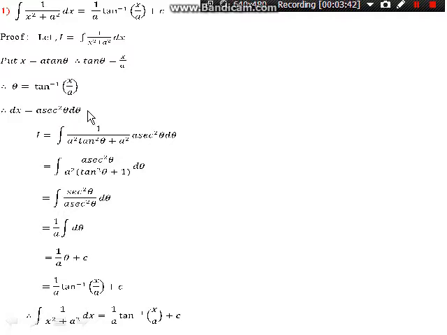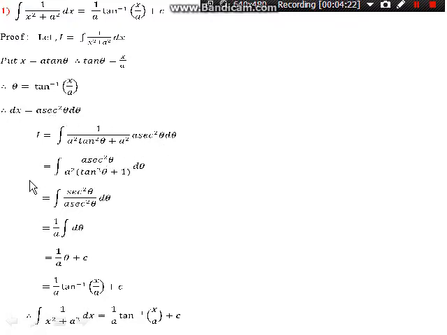Okay, now substitute all these values, that is x is equal to a tan theta and dx is equal to a sec square theta d theta, in our LHS. Okay, so the equation is I is equal to the integral of 1 upon, put the value of x square here, that is a square tan square theta plus a square, and we again put the value of dx, that is a sec square theta d theta.